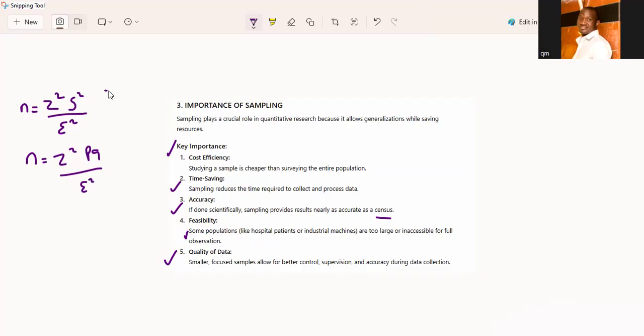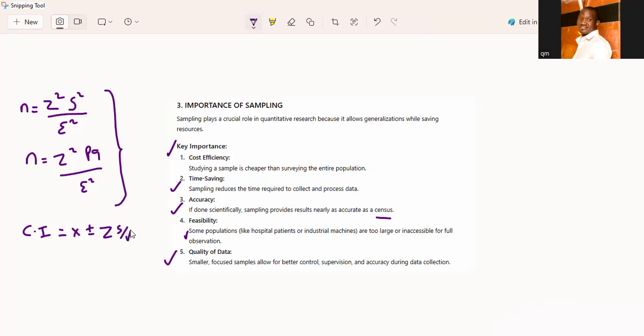All right. So these are the formulas for sample size. And for estimation, the formula for a confidence interval is simply the mean plus or minus z times the standard deviation over the square root of n.